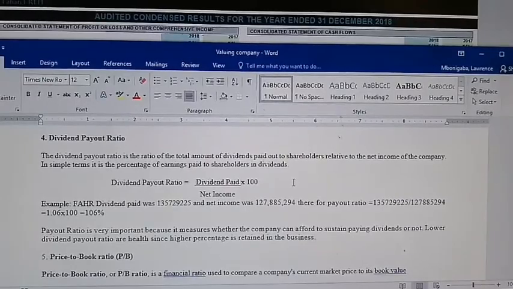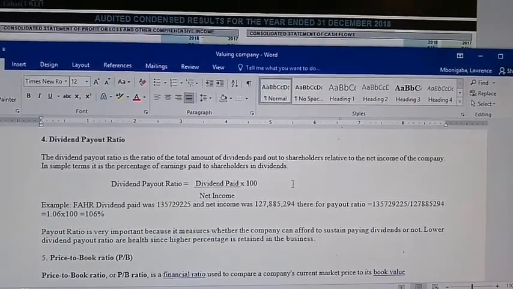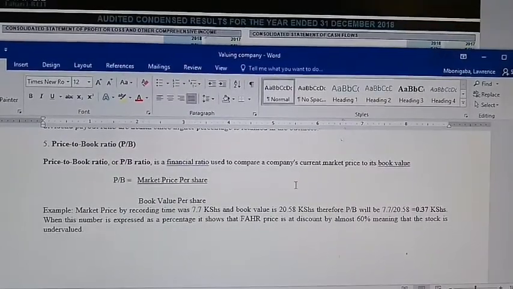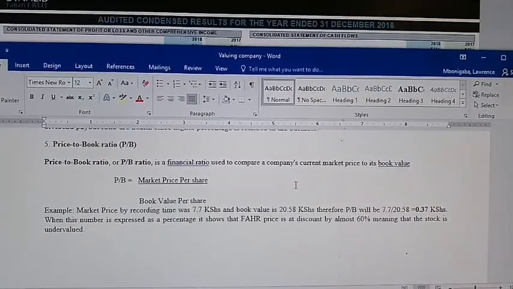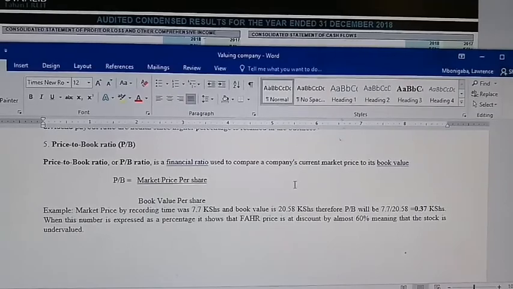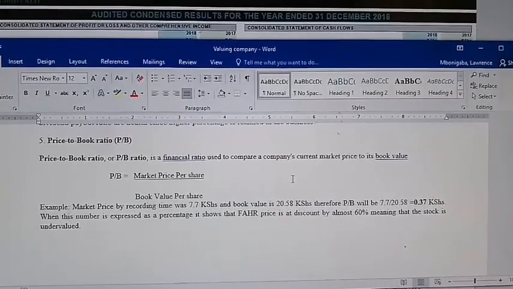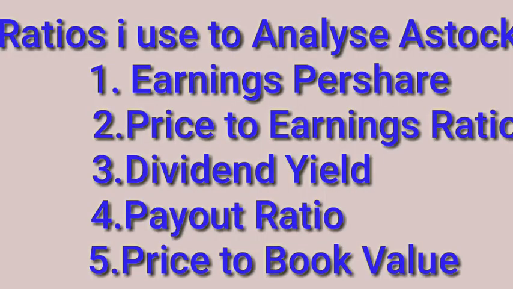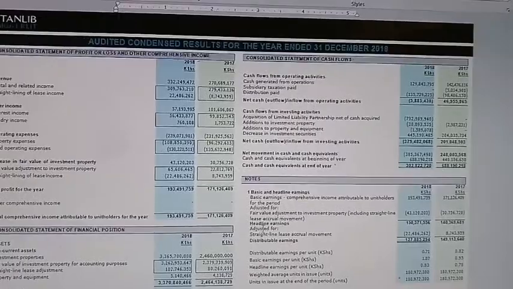Yet if the company, God forbid, collapses, you cannot take them anywhere. Network equipment may not be that valuable, and when the company image declines, that's it. So that's how you should see the book value. Those were the 5 ratios that I normally use to analyze a stock.